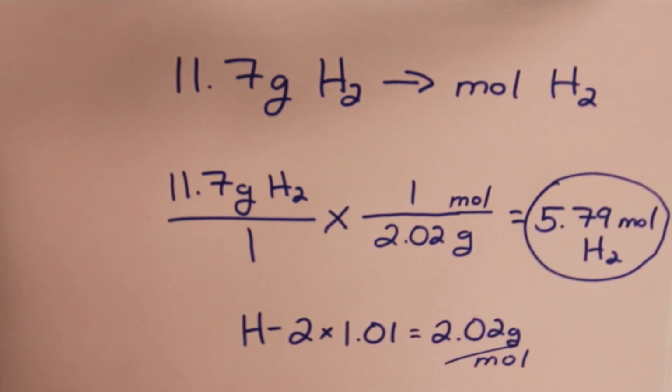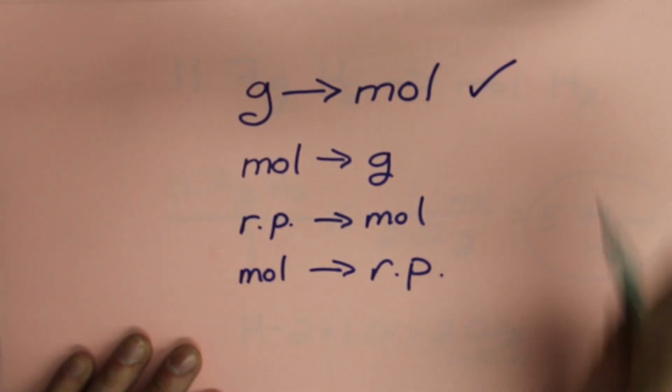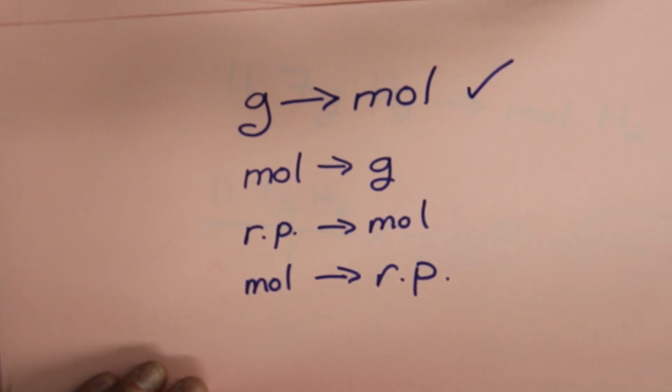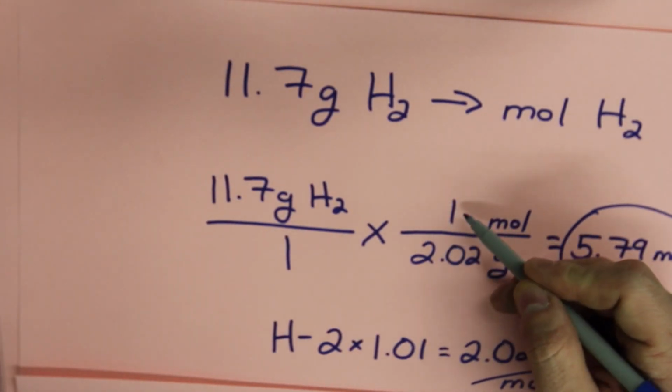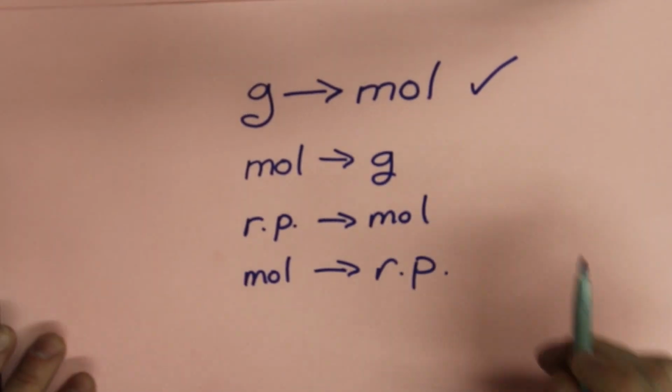Alright, so that's how we do a problem where we are going from grams to moles. So if we go back to our original sheet, we did one of those. Instead of doing one from moles to grams, because all you would do is switch these two, we would have moles on the bottom and grams on the top. I'm going to do one where we are doing representative particles next.